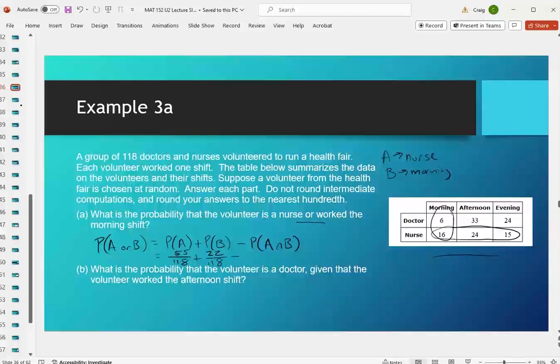Okay, minus the probability of both. Well, here's the both, where that overlaps, right? So 16 over 118. And that's going to give us, let's see, 55 plus 22 minus 16, or 61 over 118. And if we divide that, it's about 0.520.